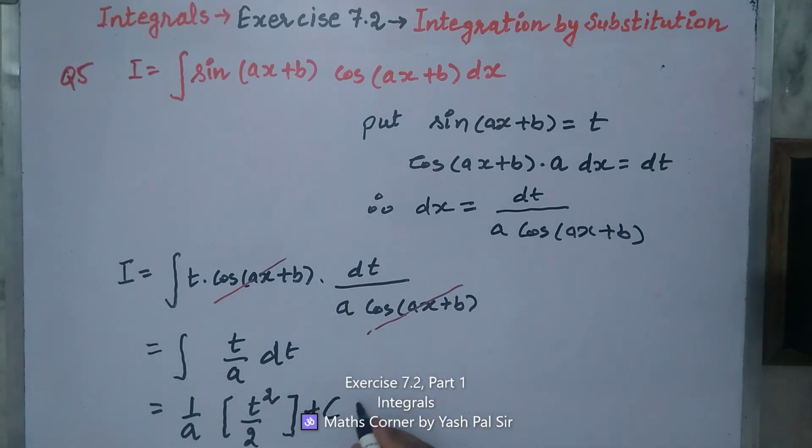So this way, 1 upon 2a, the original value of t is sine square of (ax plus b), so sine square of (ax plus b) whole divided by 2a plus c is the final answer.